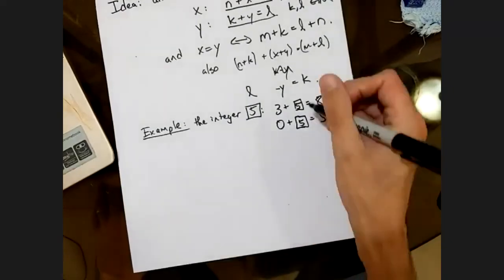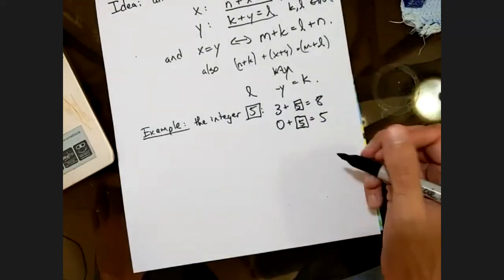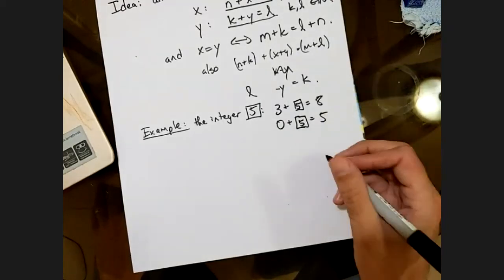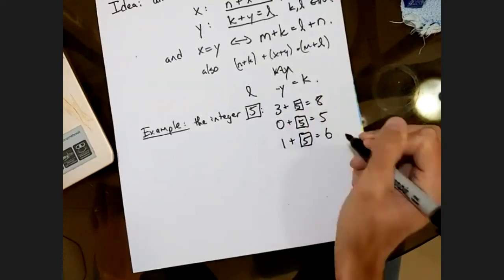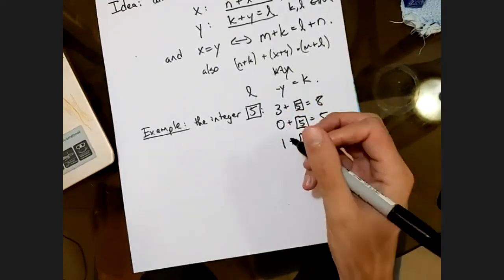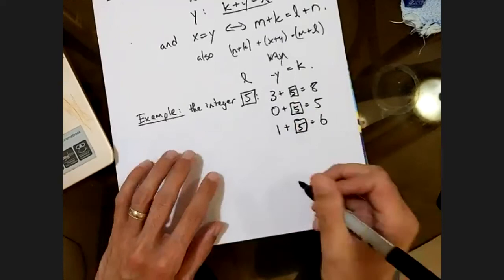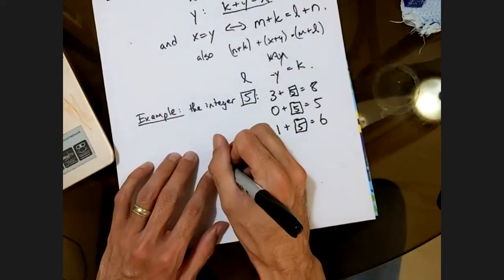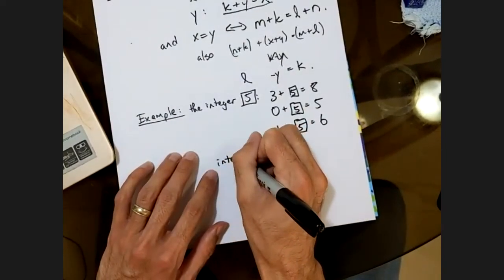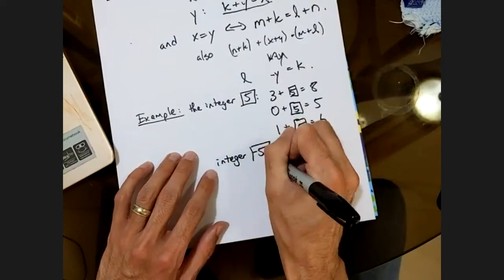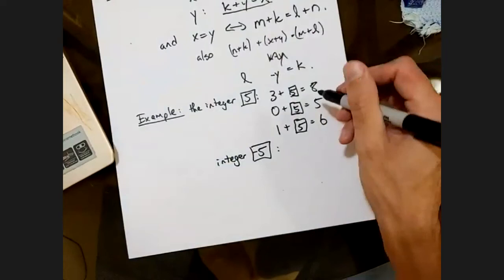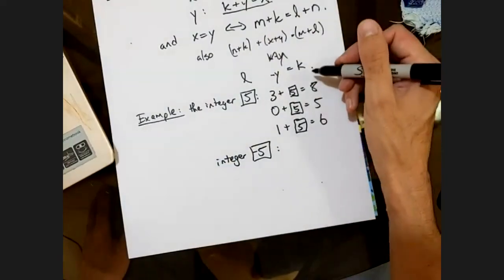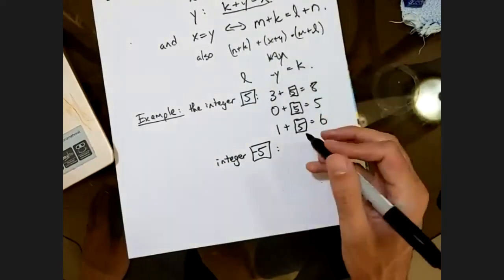You can describe it using different equations of natural numbers, but they all give the same integer 5.